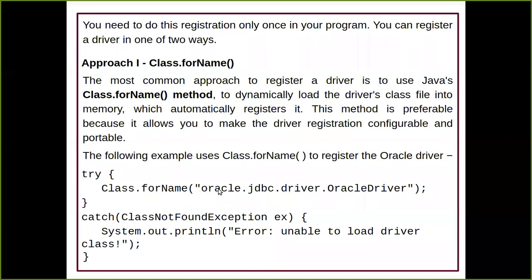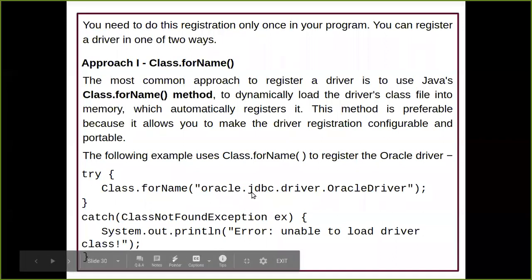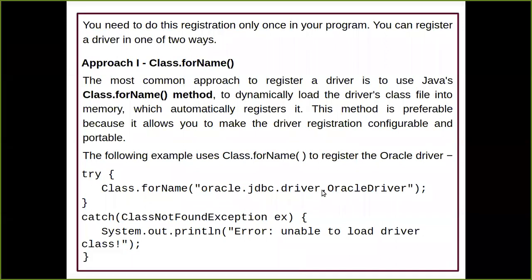By this, your program, your servlet file, is going to understand that you are calling this particular JDBC driver, which is meant for the Oracle database. So this is the first approach, where I'm considering that my driver manager already has this particular driver registered in its list.